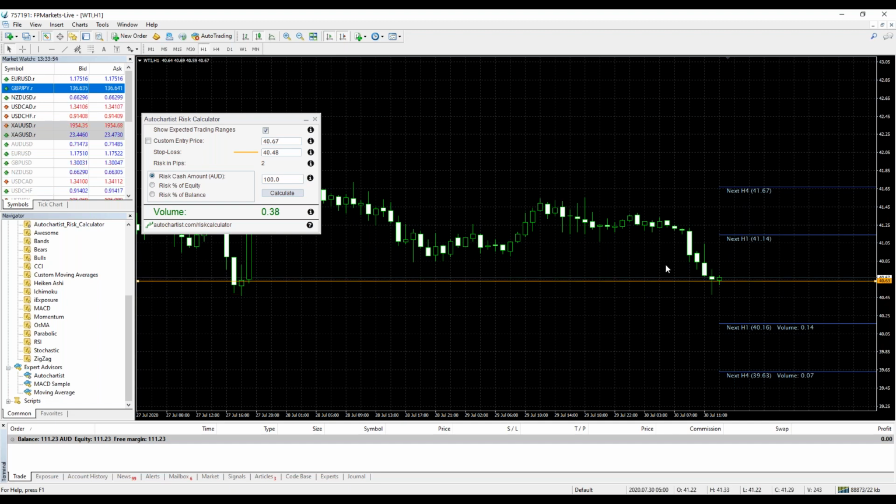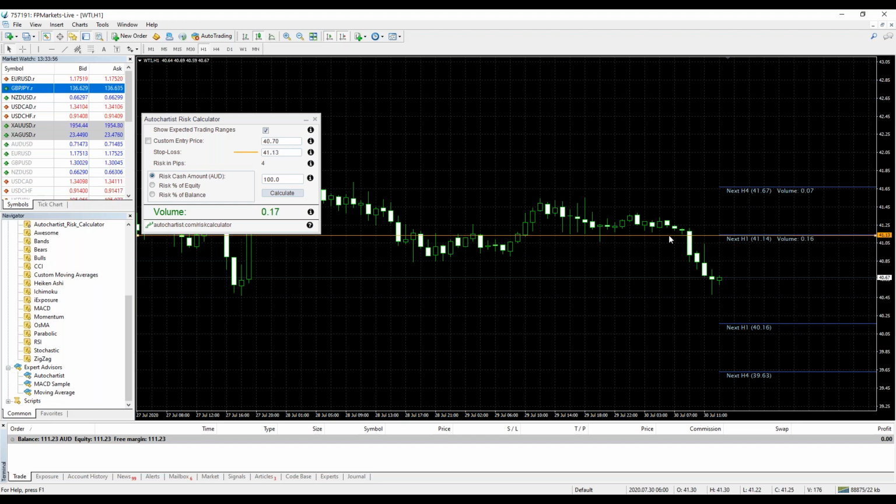So over here, if I move my line up to this level here, it's actually telling me, this is where I'm setting my stop loss, trade a volume of 0.16 if you're risking $100, right? Or if I'm trading up over here, trade a volume of 0.07 if I'm risking $100, right? So I don't even have to click this calculate button. I can just move this line.